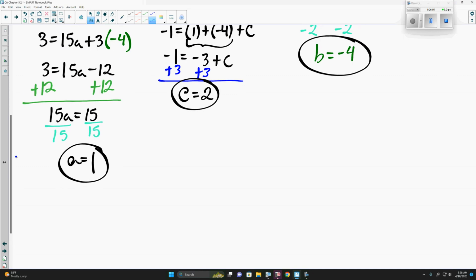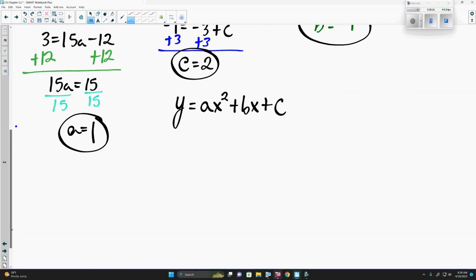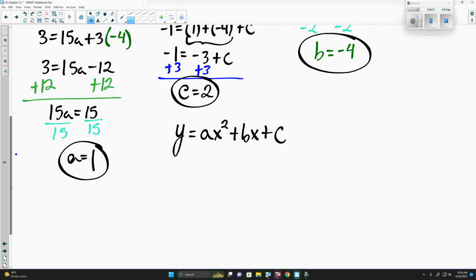Any questions on this here before we wrap this up? Are you ready to finish this? Now, the general quadratic equation we started with and we used to get these here was our ax squared plus bx plus c.